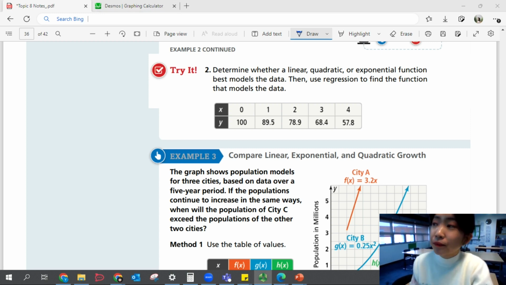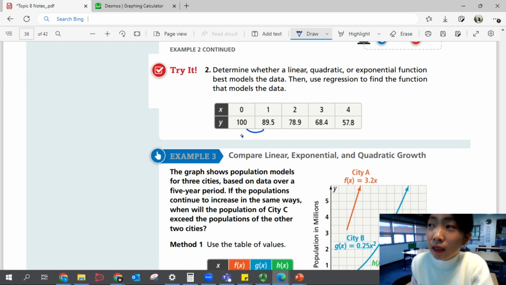Okay, are you ready? So what's the first step to check if it's any of these functions? You want to first check the first differences, and then the second differences, and then the ratio. Let's first check the first differences. So you always subtract what's later, the point that's greater on the right minus the one that's on the left side of the function.